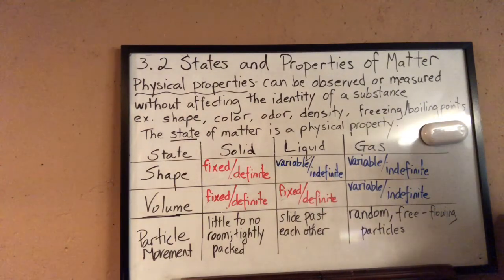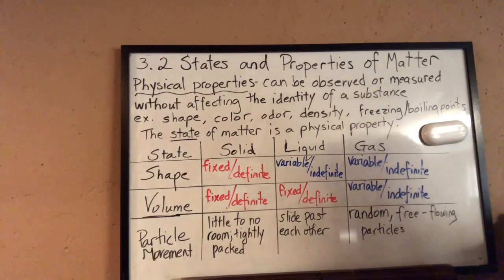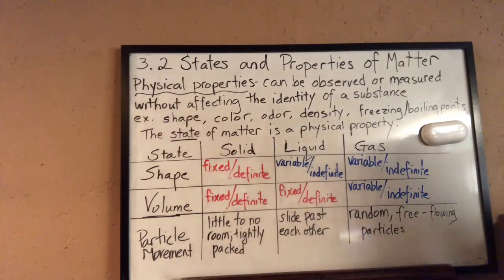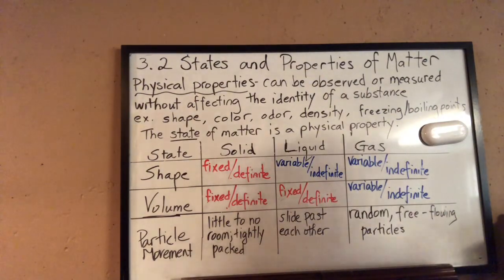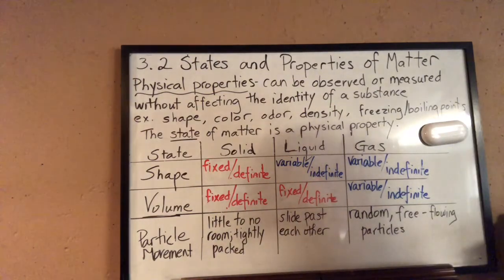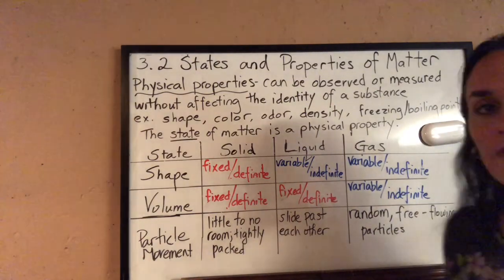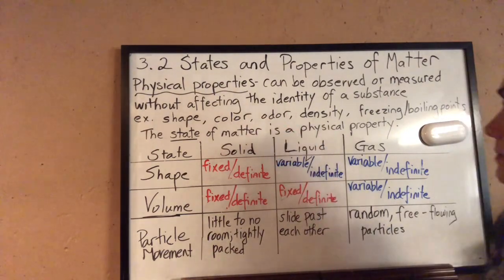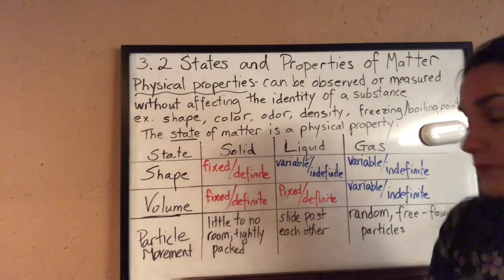What are physical properties? Physical properties can be observed or measured without affecting the identity of the substance. So when you say that something has a particular shape, a particular color, odor, density, freezing or boiling points, these are all examples of physical properties. If you say that powder is white, the color of the powder is a physical property.